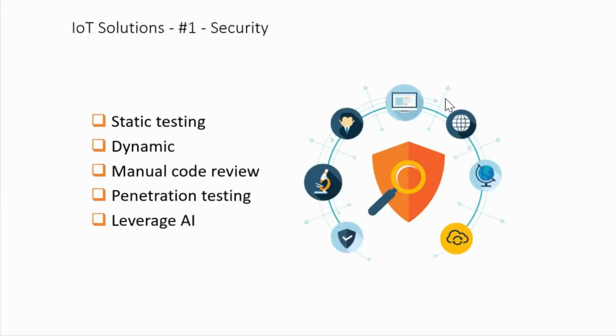So again, if you're doing static testing, dynamic testing, pen testing, more importantly, I'm seeing a lot more folks, especially now with the ChatGPT explosion, leveraging AI to attack these challenges, and it is becoming much more effective. But again, your code reviews, your pen testing, all of these techniques become much more critical, obviously, considering the potential impact of taking the internet down. They become vital. So we all need to do our share when we're doing security testing.